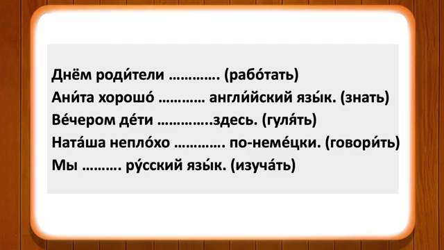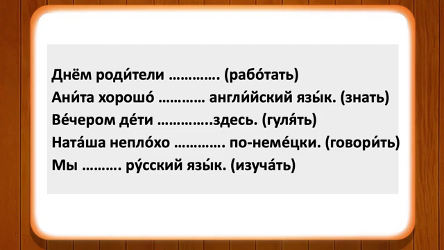The verb is знать. Anita is the subject. So Anita is она. So you will conjugate the verb знать according to она. So Anita знает. Anita хорошо знает английский язык.